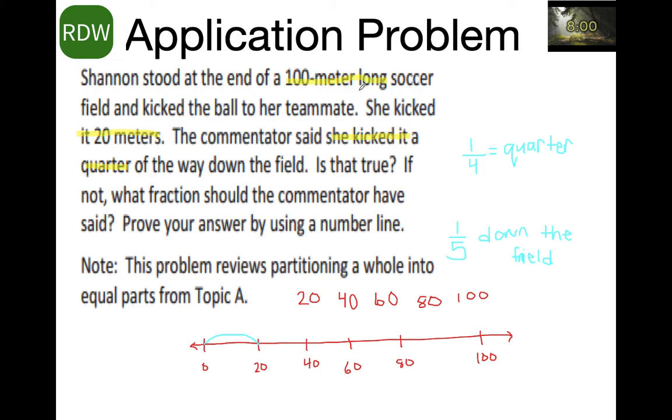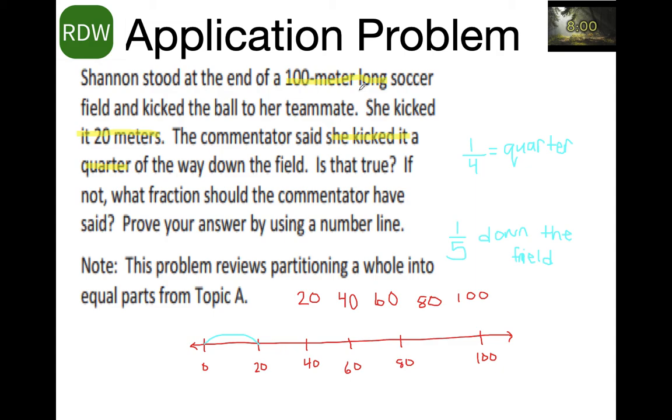So 20, 40, 60, 80, 100 shows us that there's going to be 5 equal sections of the field. Those 5 equal sections we can look at as fractions. And so we saw that from 0 to 20 is 1/5 of the field. So if that field was cut up into equal sections, they would be fifths.